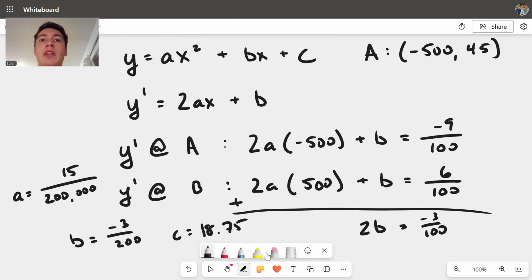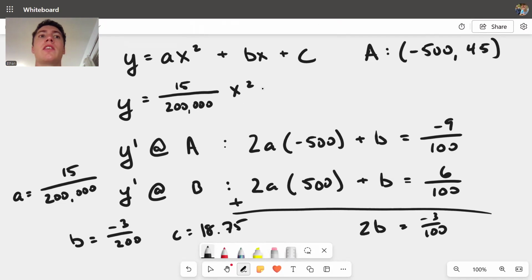So we can write our quadratic as this. I'm just going to make a little bit of space here, kind of arbitrary what I'm erasing.